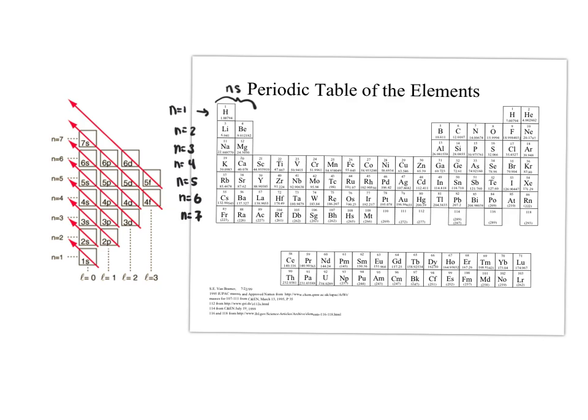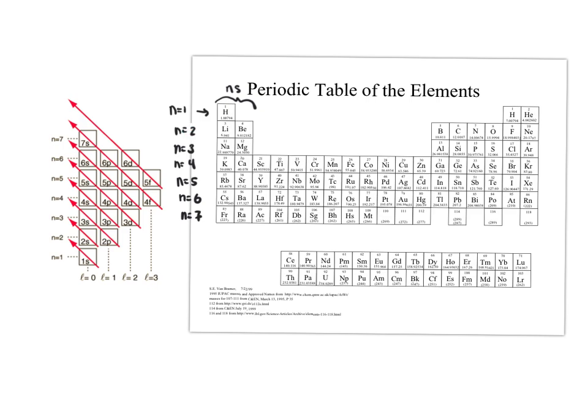So what we have here is that if we're in row 1, then the outermost electron is in the 1s orbital, the lowest energy of the atom. And if we go to helium, then the electron is still in the n equals 1 s orbital.